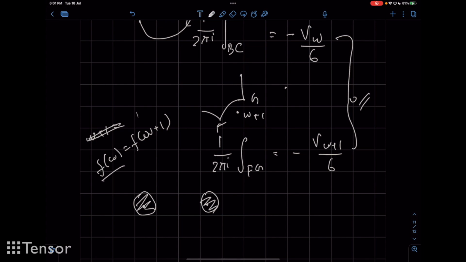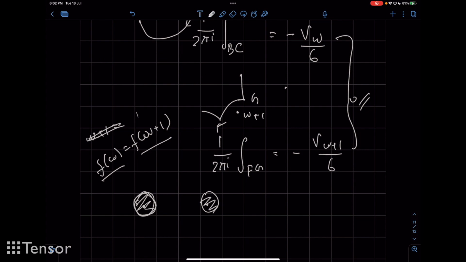Only f of omega equals f of omega plus 1 doesn't guarantee that v omega is equal to v omega plus 1. Additionally, we have the very beautiful fact that in a neighborhood of omega and omega plus 1, f agrees. So that's why we have these two are the same.